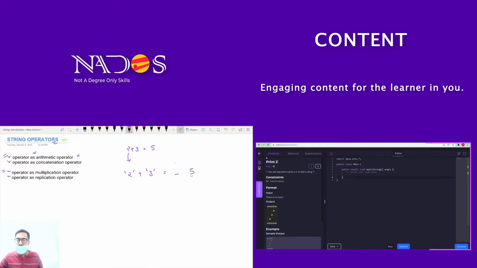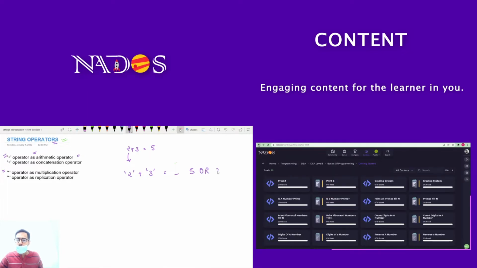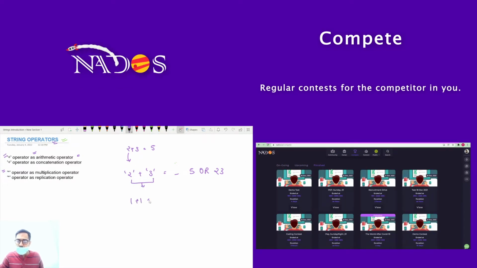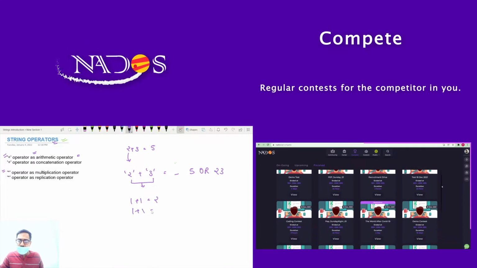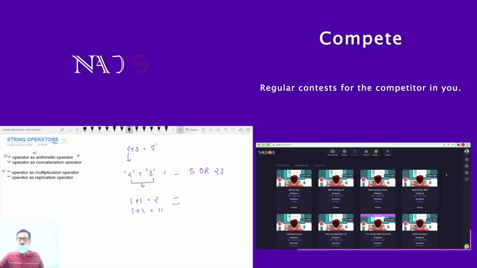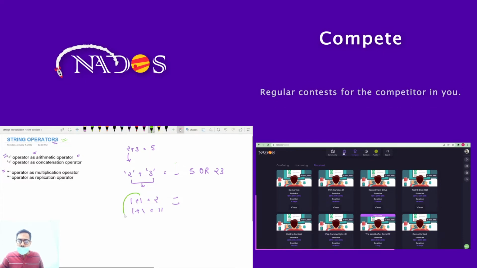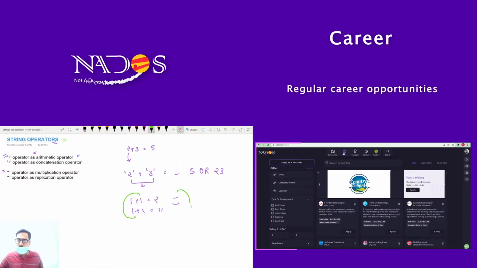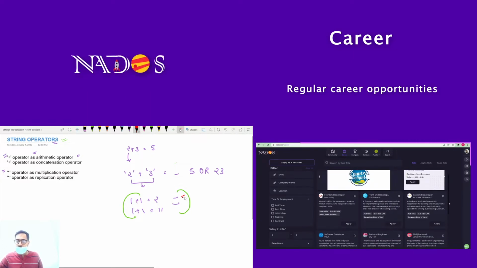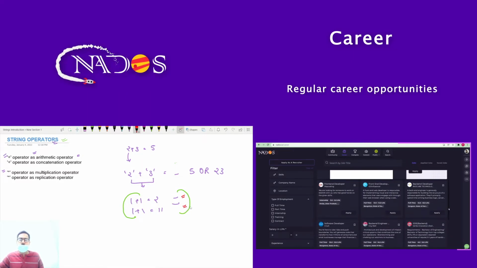Is it 5 or 23? In our childhood we used to ask whether 1 plus 1 is 2 or 11. Today we'll find the solution: which is true, why, and in which situation.